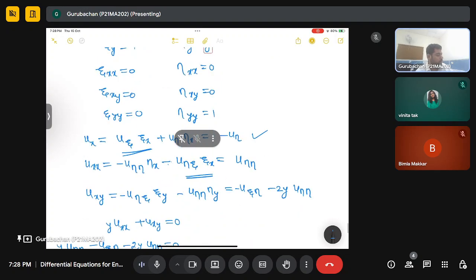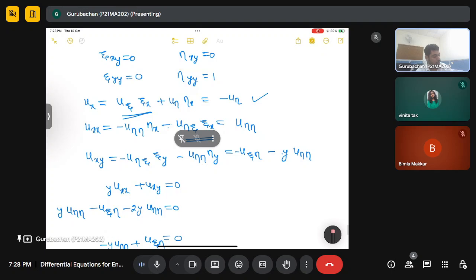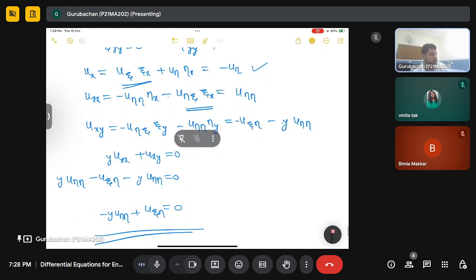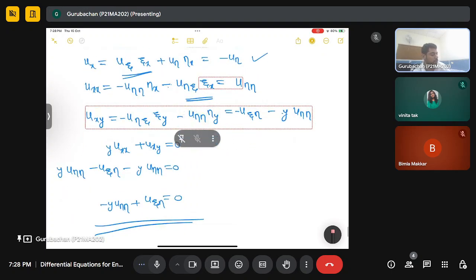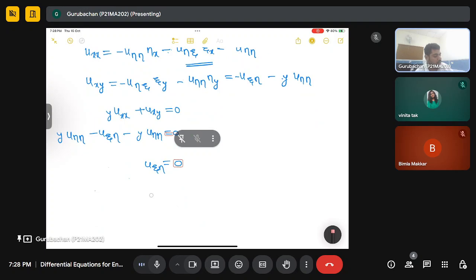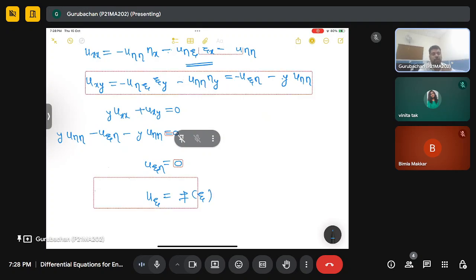So if it was that case, then there will be no 2, then this will cancel out and you will be left with u xi eta equal to 0, which is quite easy to solve since we are differentiating with respect to eta first. So that means the left function will be constant in terms of xi, because while doing the partial differentiation, we ignore the other variable terms.